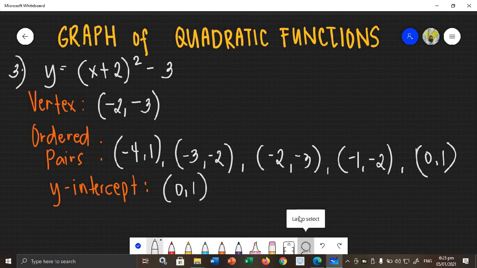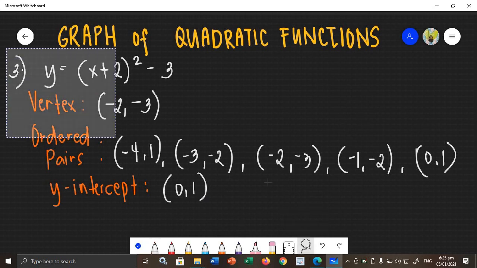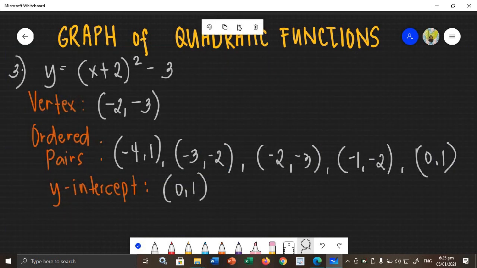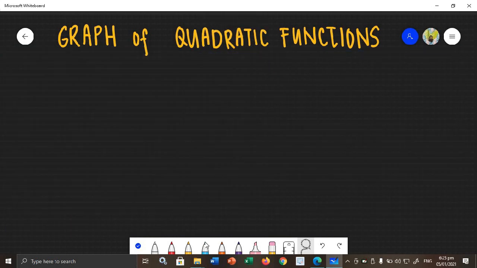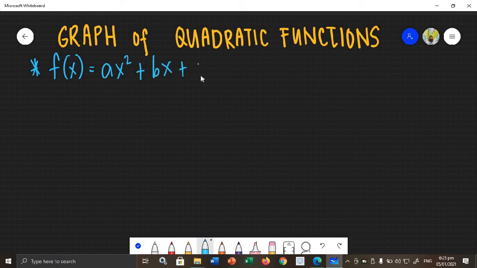And then lastly, how about if the given quadratic function is in standard form, which is in this form, no? So f of x is equal to ax squared plus bx plus c.